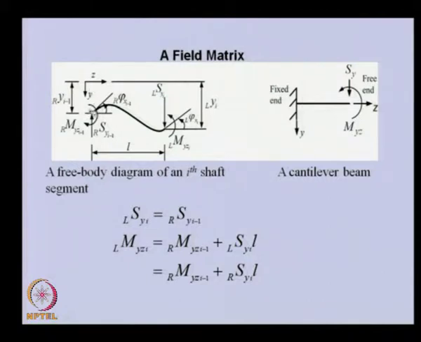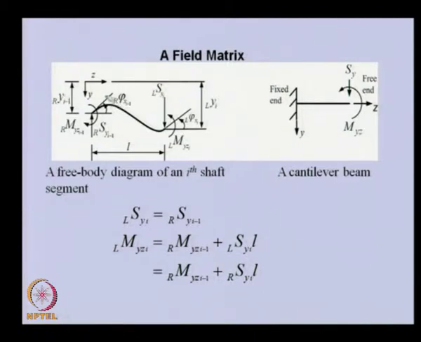The field variable here is y i minus 1, right of that particular disc; the subscript r represents that this variable is on the right side of the i minus 1 disc. Apart from this, there is the slope of the shaft during bending, which we represent by phi i minus 1 with subscript r.